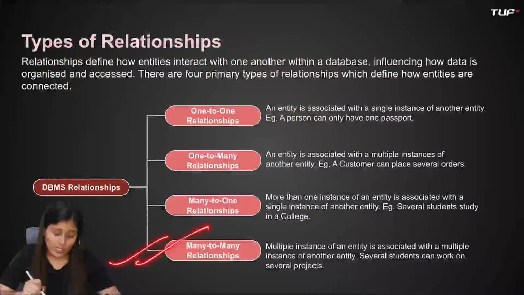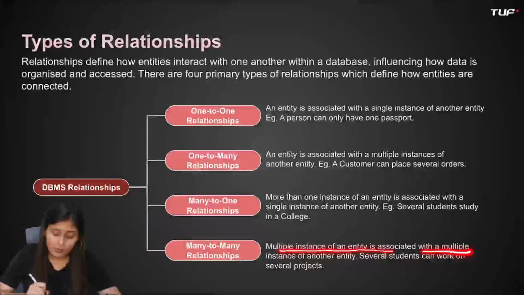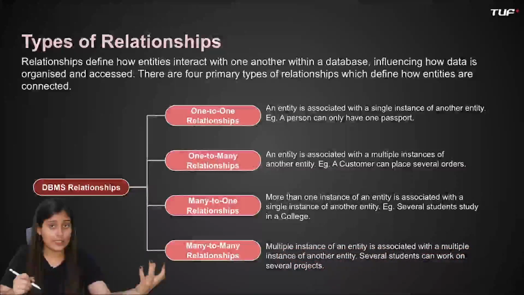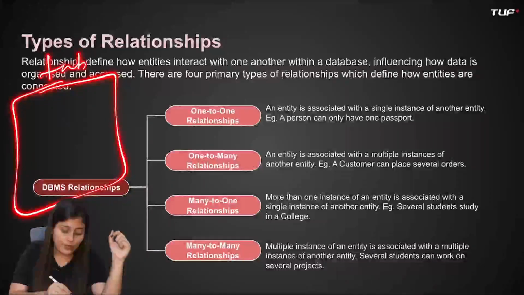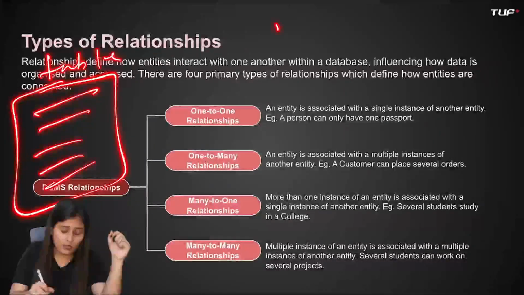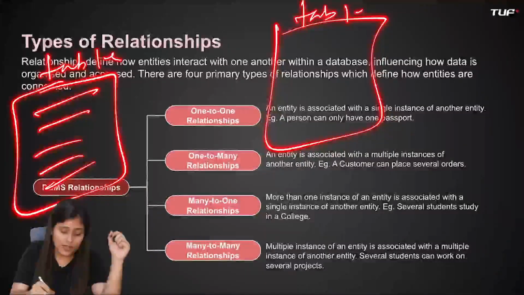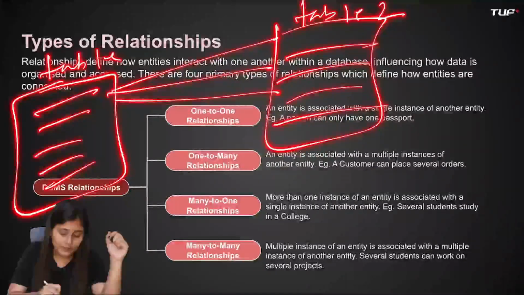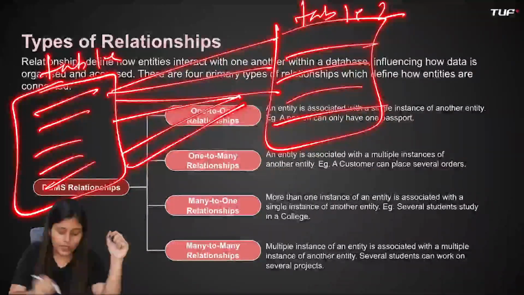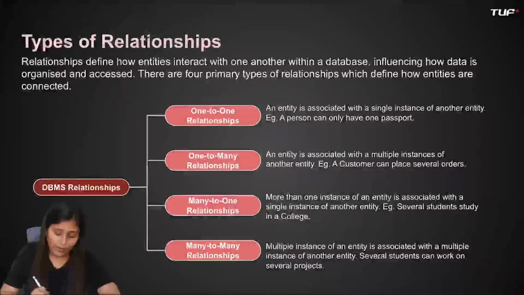Next is many to many. In this case, multiple instances of an entity are associated with multiple instances of another entity. Instance of entity means table here. So multiple instances of one table can be associated with multiple instances of another table, and so on. An example is how several students can work on several projects.